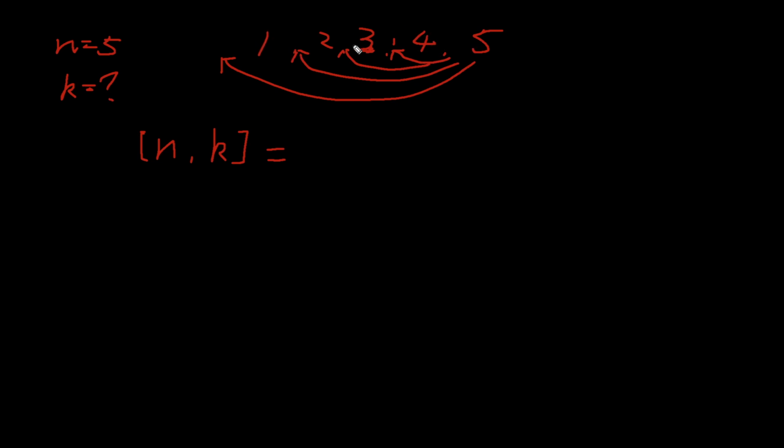And out of those 4 numbers, we need to form the remaining inverse pairs, right? Basically, let's say we have this one, and then it's gonna be the n minus 1, right?